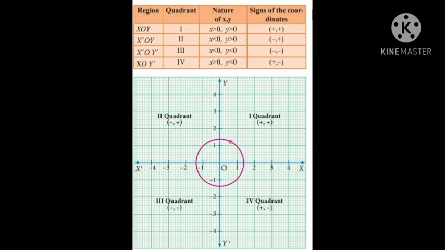Second quadrant, x negative, y positive. Third quadrant, both are negative values: x negative and y negative. And fourth quadrant, x is a positive value and y must be negative, that is plotted in the fourth quadrant. Clear? Now we move on to the exercise problems.